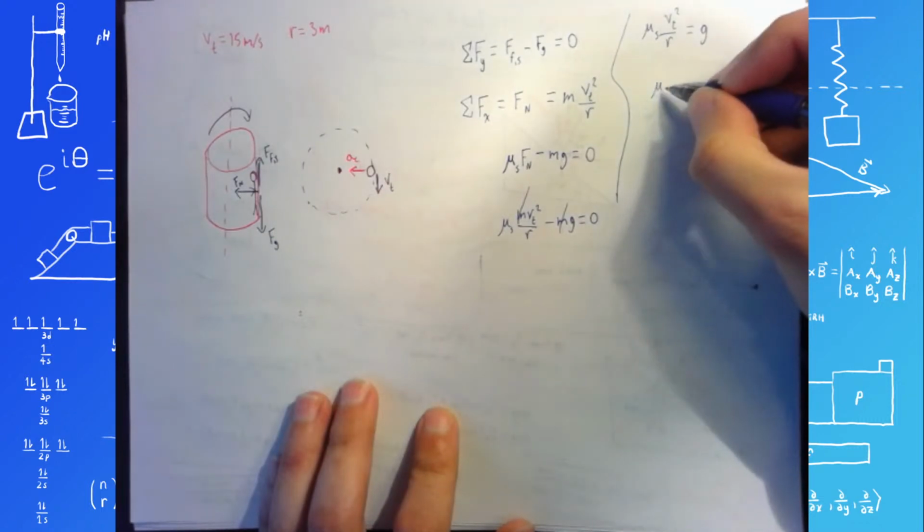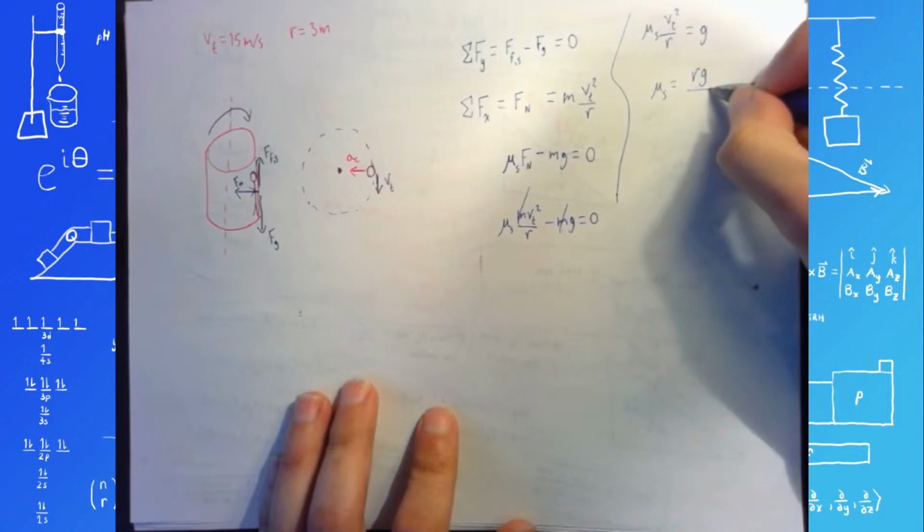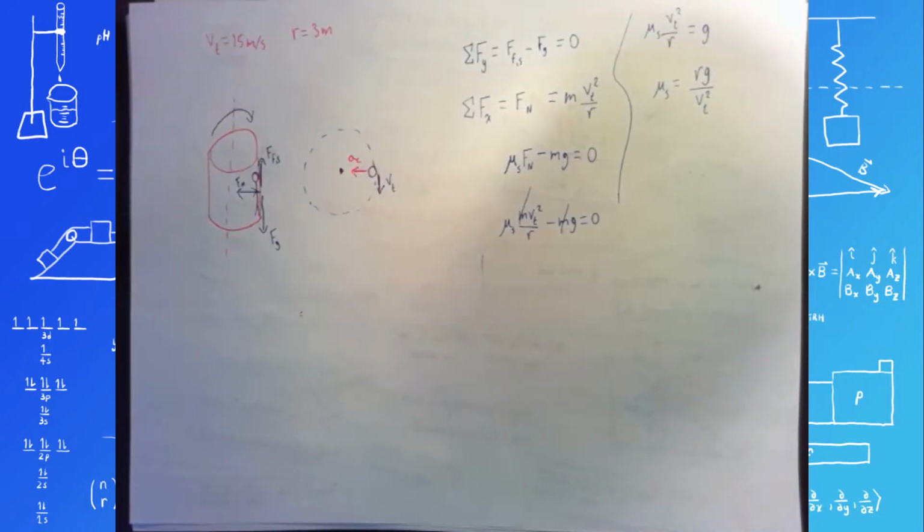So we get mu static equals rg over v squared. And so the minimum coefficient of static friction must be 3 meters for the radius times 9.8 for the acceleration due to gravity, and then divide that by 15 squared. And I'm getting 0.130 and then a bunch of sixes. I'll just say 0.131.